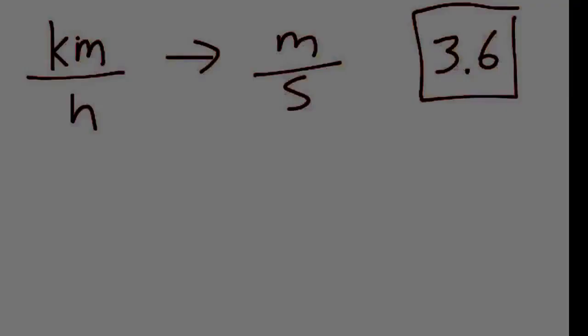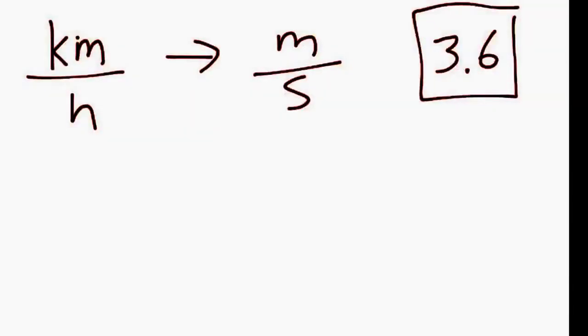Kilometer to meter is 1,000, hours to seconds is 60 for an hour to a minute, times 60 again would be 60 times 60 is 3,600, so we'd actually have 1,000 divided by 3,600, which actually ends up being a magic number of 3.6. So we're going to use this conversion quite often, and you won't have to do any kind of serious work.